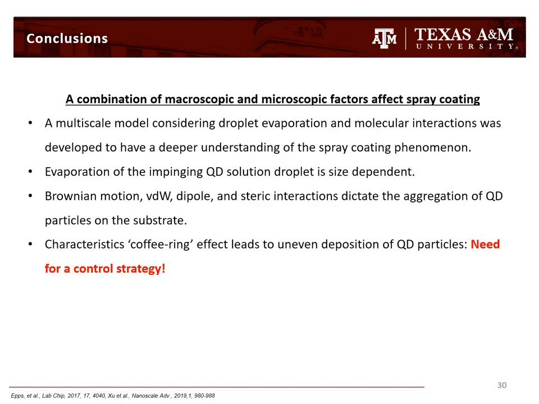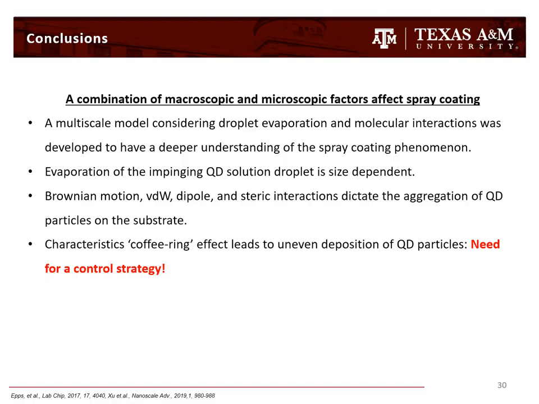For example, we saw that the evaporation of the quantum dot solution is size dependent and needs to be taken into consideration. Also, at the molecular level, the molecular interactions between the different quantum dot particles cause them to aggregate and actually form the thin film. However, this also leads to the coffee ring effect, which is characteristic of an uneven deposition of quantum dot particles.